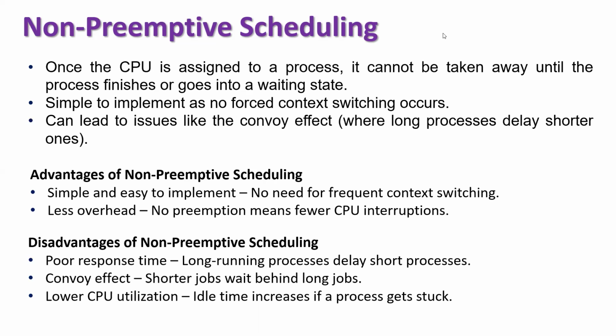And it is very simple to implement as no forced context switching occurs. But again, while it is simpler, it can lead to issues like the convoy effect, where long processes delay shorter ones.